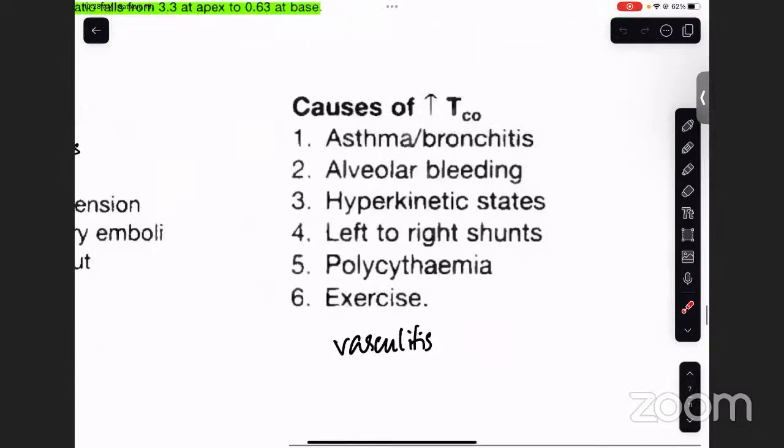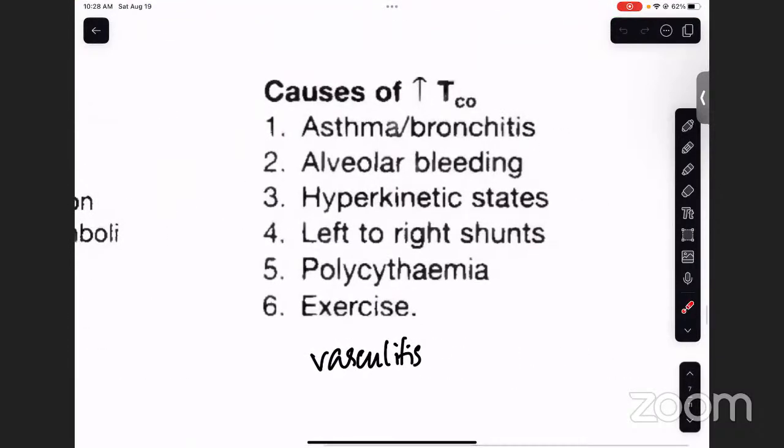Okay, here are the causes of increased TLCO. They are nothing concerned with the blood-gas barrier, like asthma and bronchitis. This is because of obstruction in obstructive airway disease, and nothing is concerned with the blood-gas barrier. And alveolar bleeding, that is increased blood flow from the vascular endothelium, and there will be more gaseous exchange, and the TLCO will be raised.